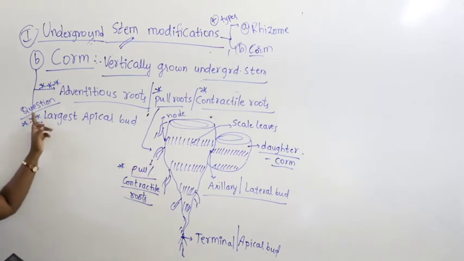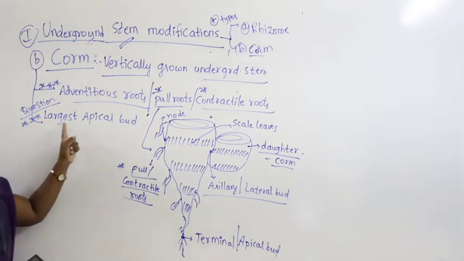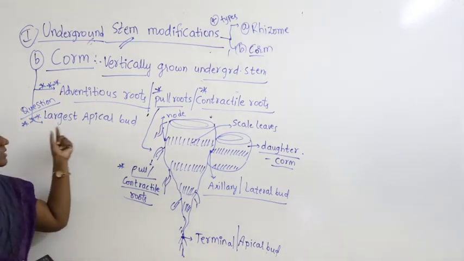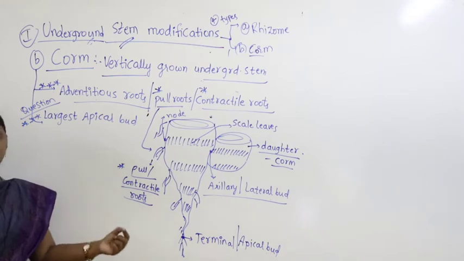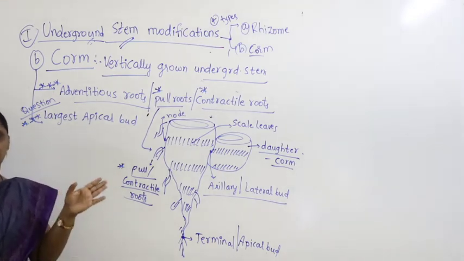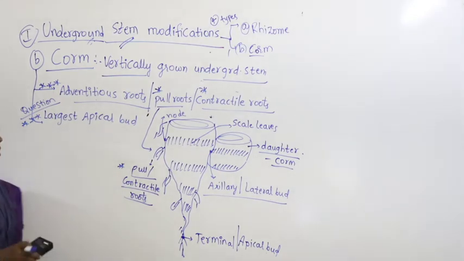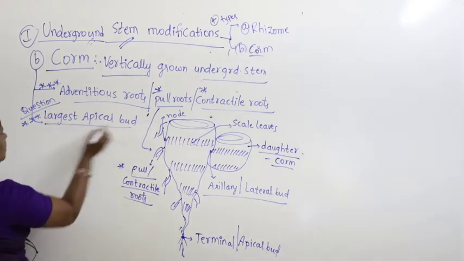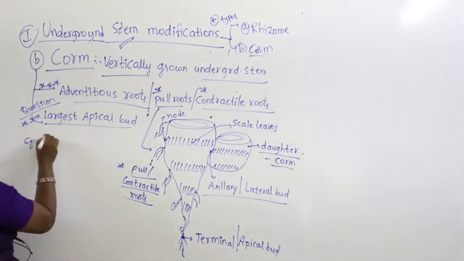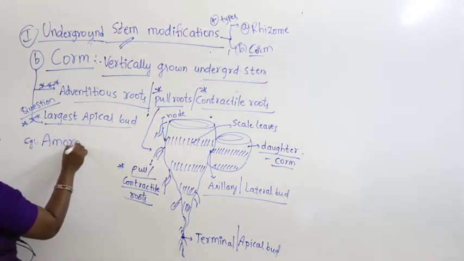So whenever you get the question, sometimes you will get the question: which is the largest apical bud, or the largest apical bud is found in the following plant? Then you have to look for the option that itself is the example. It is called Amorphophallus.